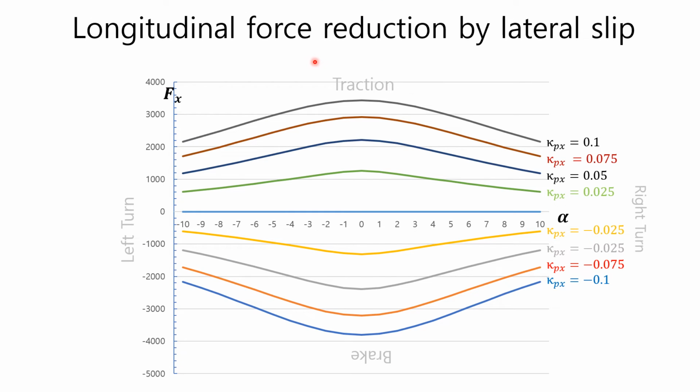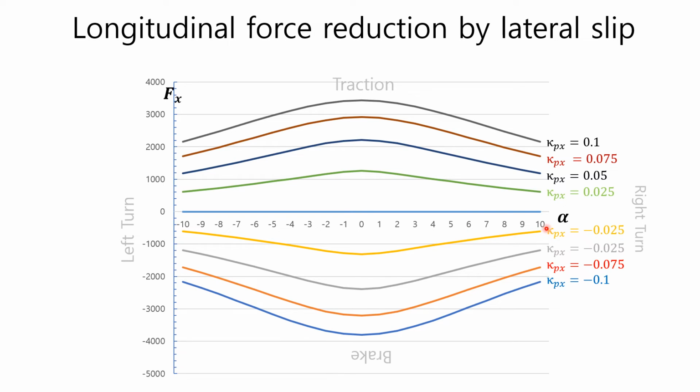Now we can draw the constant longitudinal curve on the coordinate of longitudinal force Fx and the side slip angle alpha. The figure shown here is a graph when a longitudinal slip kappa px is fixed to each of 9 values, and the side slip angle alpha is changed every 1 degree from minus 10 degrees to plus 10 degrees.